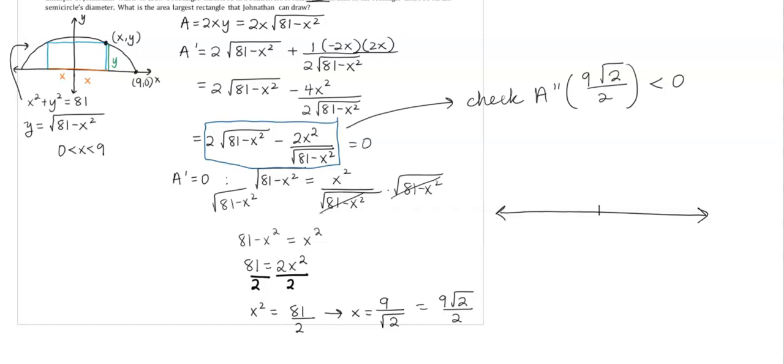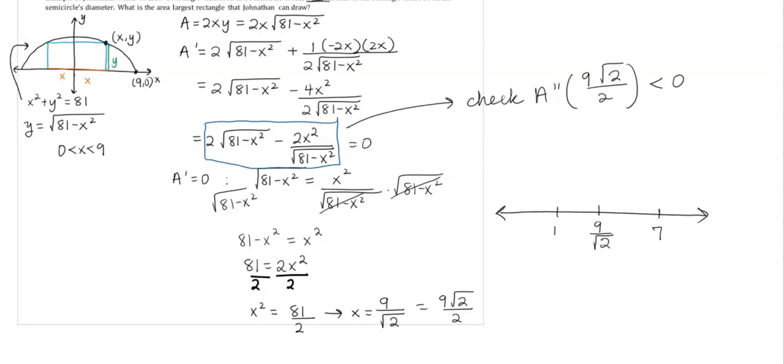Here is our test value. I'll just put 9 over root 2 here. To the left of that as a test value, I will use 1, and to the right of that, I'm going to get an approximation for 9 divided by the square root of 2. It's about 6.36.